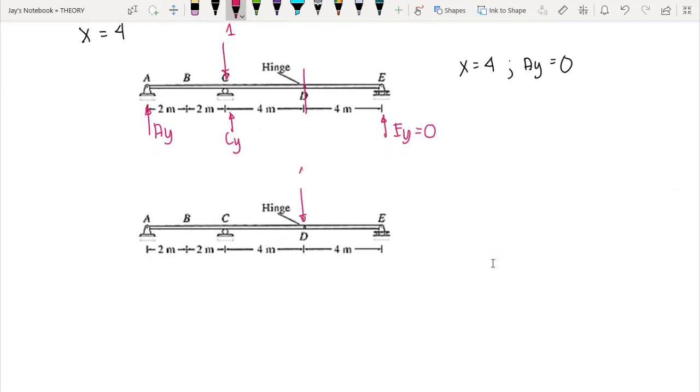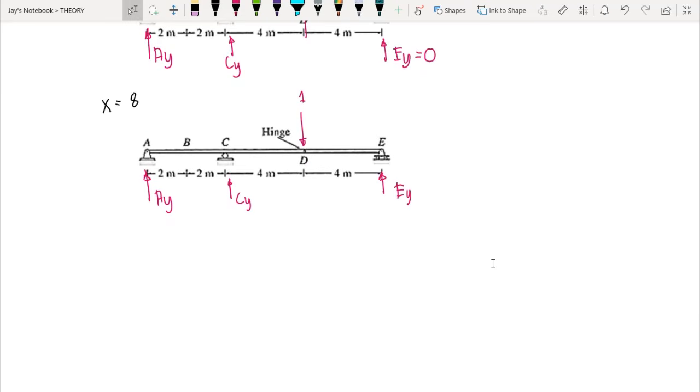And then we move our 1 unit load to point D. Okay, so when our x is equal to 8, we compute for the reactions AY, CY, and EY. The same procedure, we cut at D, but when we cut at D, we do not have external load that could give us a moment at D. So therefore, we can directly say that EY is equal to 0.